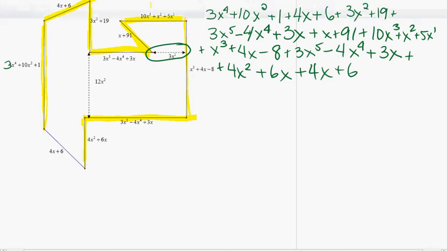So I added that in, and so now we have all the segments.